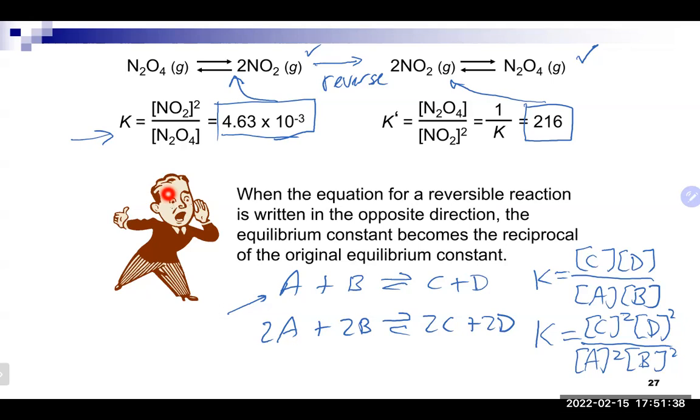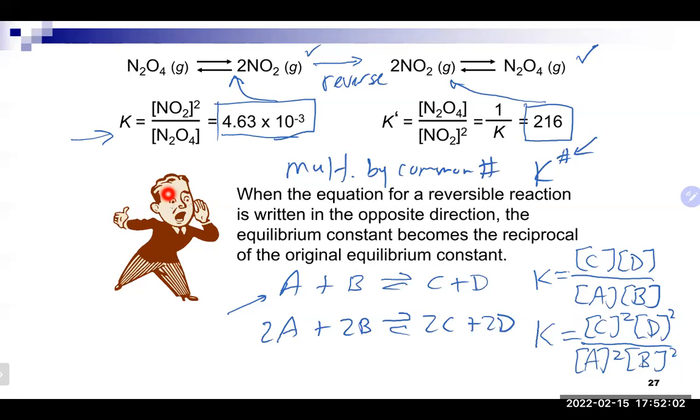We don't multiply the K value by 2, but we actually square it. If you multiplied the equation by 3, you would take the K value and cube it. So if you have to multiply by a common number, you basically take the K to that number.